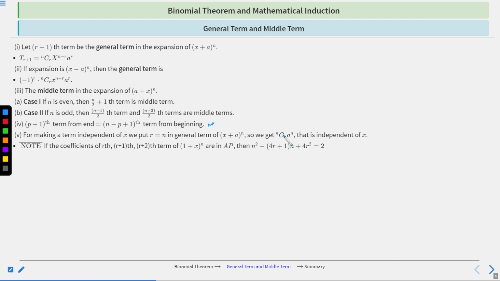So we get nCn a^n, which is independent of x. We can note that if the coefficients of the rth, (r + 1)th and (r + 2)th terms of (1 + x)^n are in AP, then it will satisfy n^2 - (4r + 1)n + 4r^2 = 2. Right?